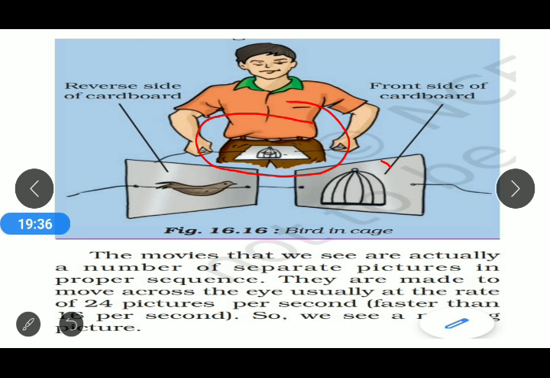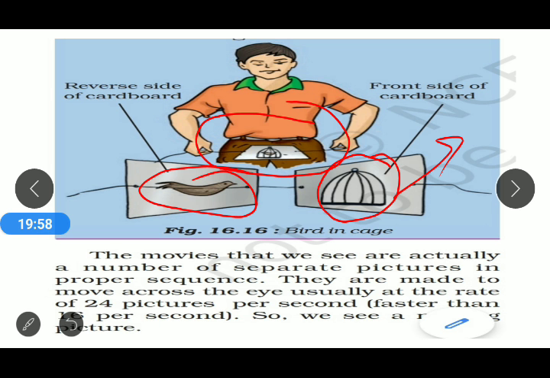On the front side of the cardboard we make a cage, and on the reverse side of the cardboard we make a bird.